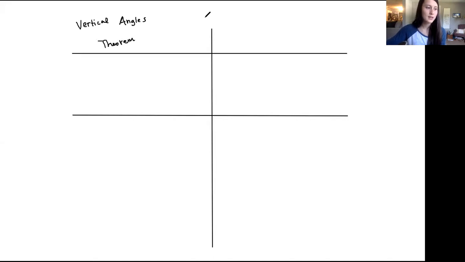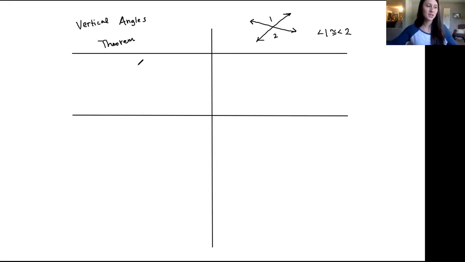And what this is saying is that if I have two vertical angles, it's really just the definition of vertical angles, but if I have two vertical angles, then they are congruent. So angle 1 is congruent to angle 2. So this theorem basically just describes that two angles that are vertical are congruent, okay?